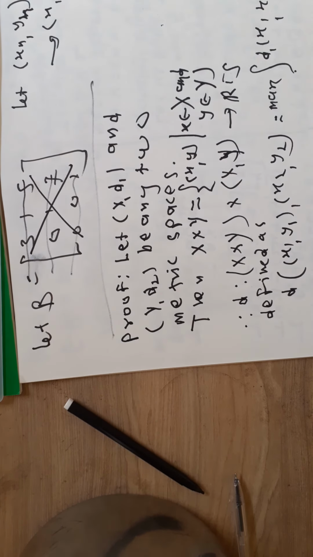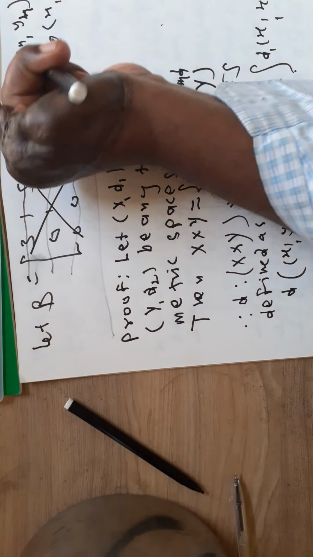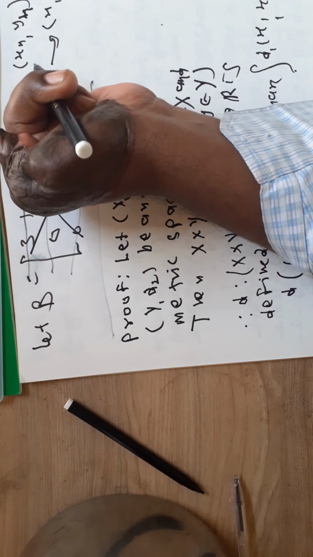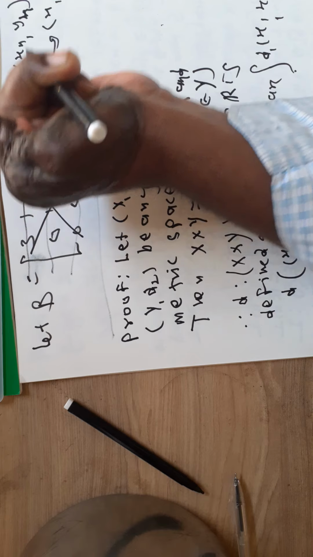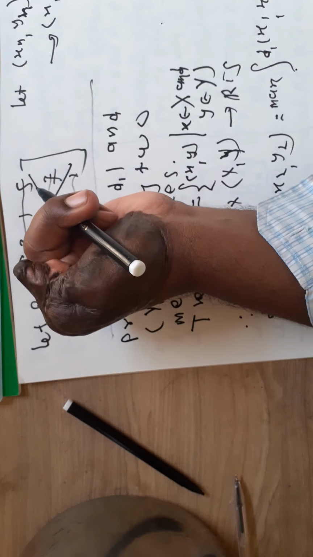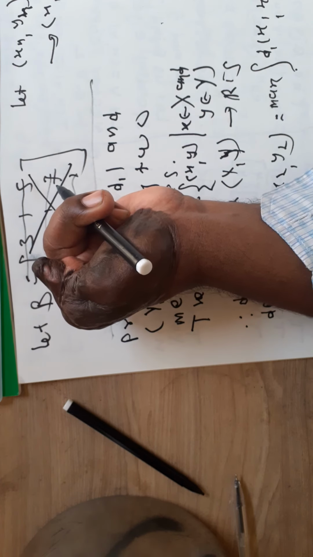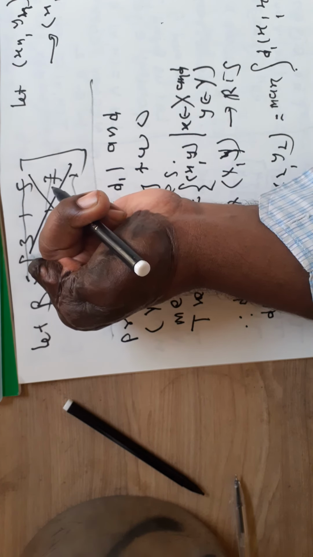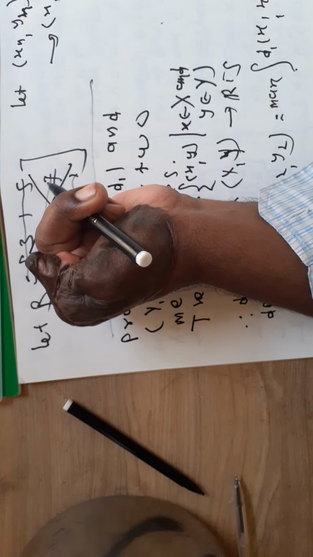Then we prove that xn approaches x in (X, d1) and yn approaches y in (Y, d2). Now see here, since (xn, yn) is a sequence in the metric space X cross Y, d, this sequence approaches the point (x, y) in X cross Y, d.